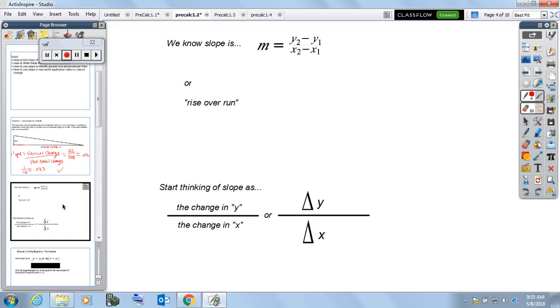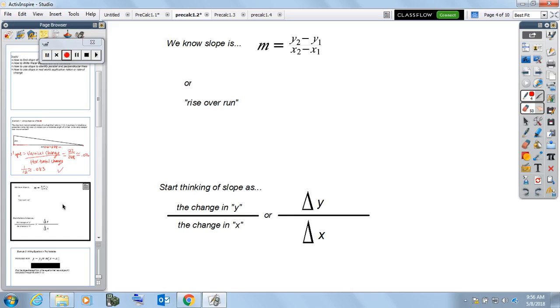What I want us to start thinking of slope as is the change in y over the change in x. Super, super, super important, in my personal opinion, as you dive into higher level mathematics, is to get away from rise over run and all the elementary things that we've talked about so many times in the past, because we are going to be diving into changes in y's versus changes in x.